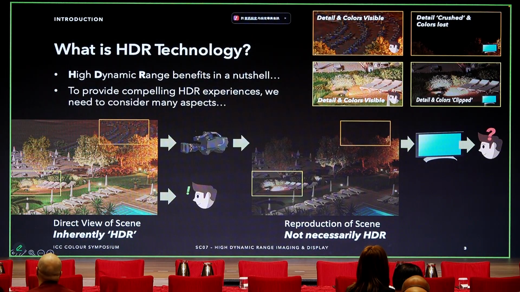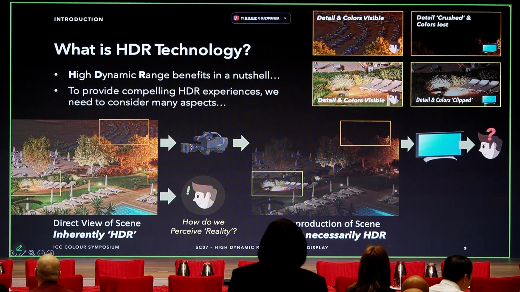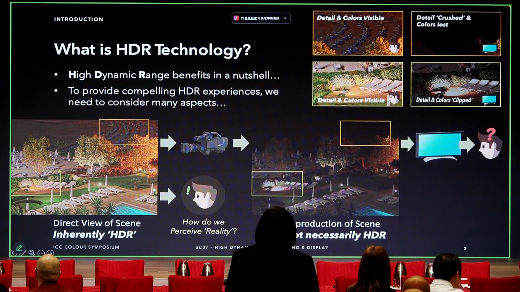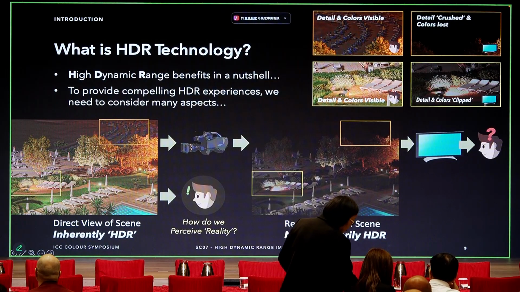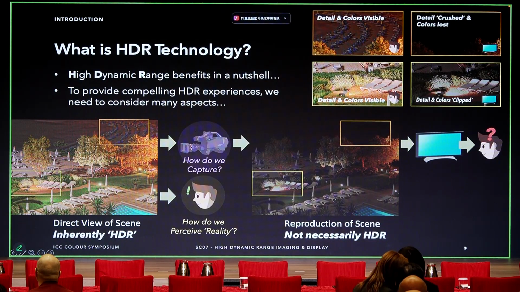So what we now want to find out is, if we want to provide compelling HDR experiences, we need to consider many aspects. The first aspect is how do we perceive reality? We need to learn how our visual system behaves and how we perceive a scene like this. Then how do we capture it with a camera?